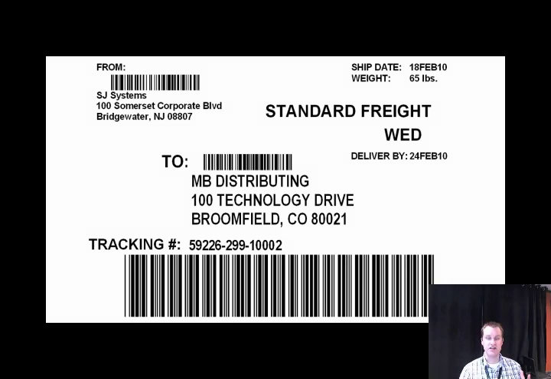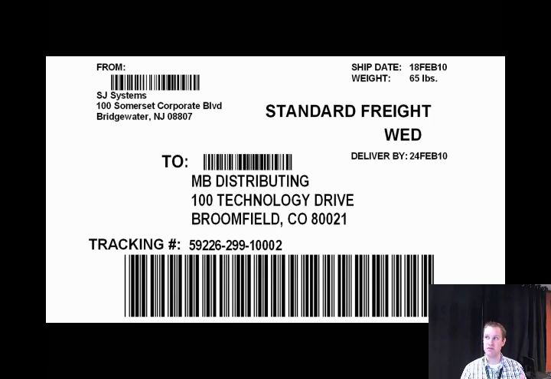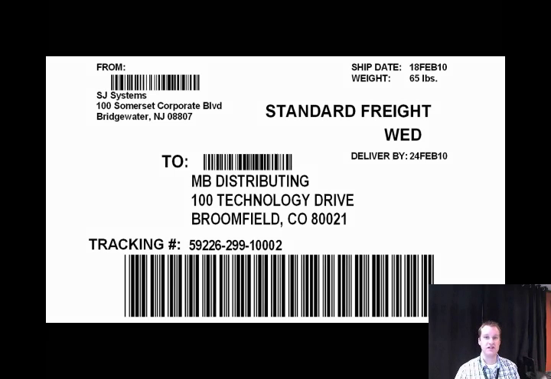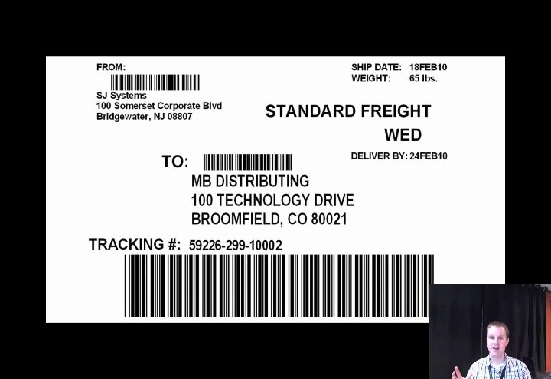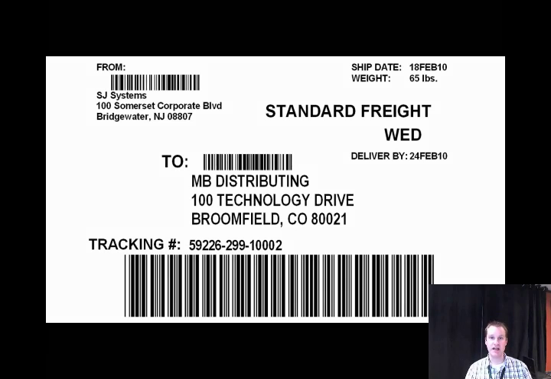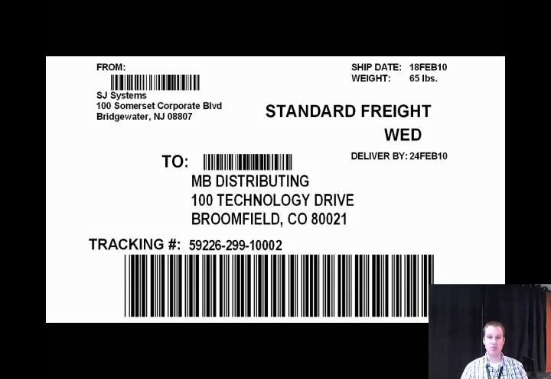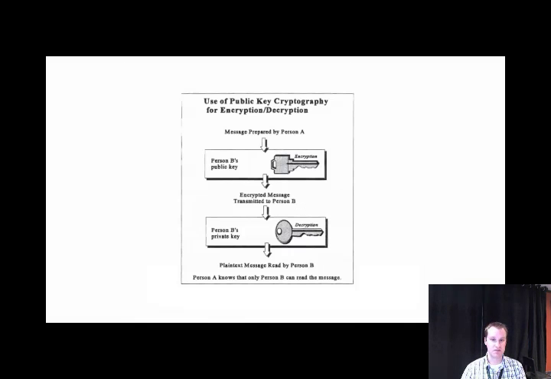Public and private keys are a lot like magical shipping labels in that the encrypted contents can only be opened by the person the package is addressed to. Think of a shipping label that will only open for the person written on the address. It can't be opened by anybody else. If the package gets stolen, it's magic, it's protected, and it can't be opened by anyone but the intended recipient. That's the way the public and private key method works.